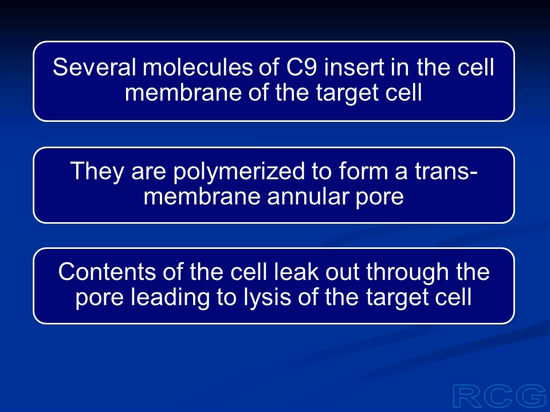And now these molecules of C9 are polymerized, and they are polymerized to form a transmembrane annular pore, a tubular structure which is inserted in the cell membrane of the target bacterial cell, and the contents of the bacterial cell leak out through this pore, leading to destruction of the target bacterial cell.